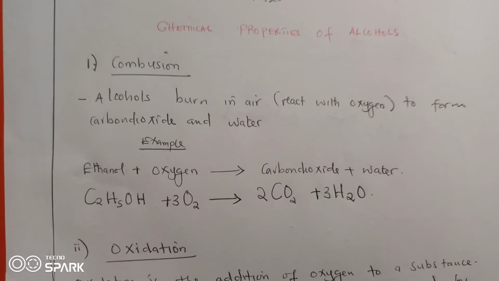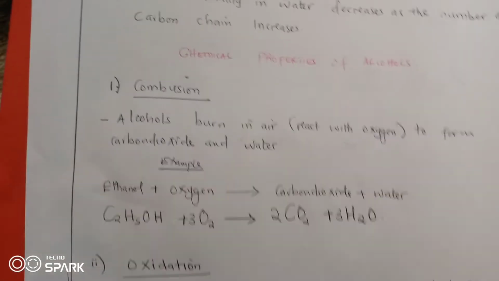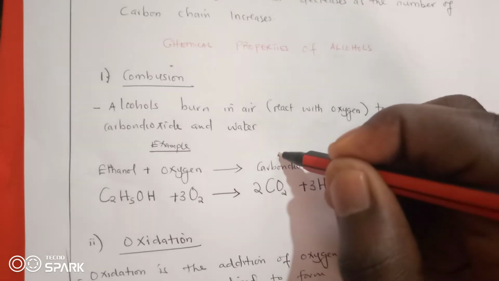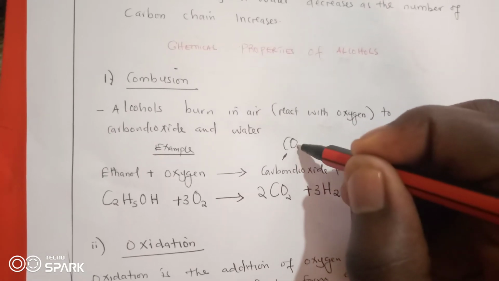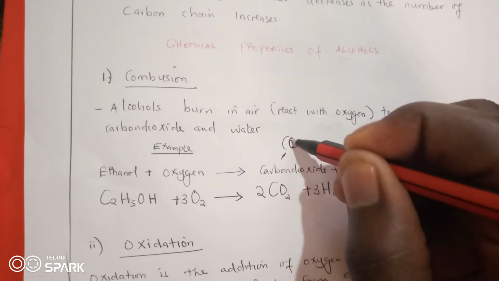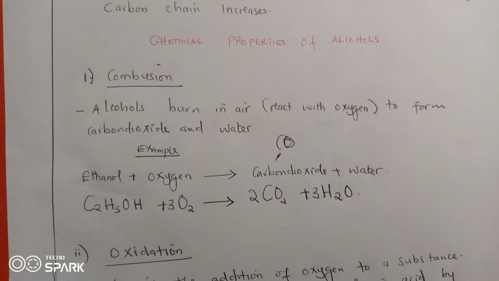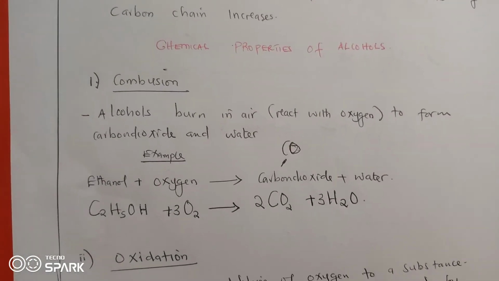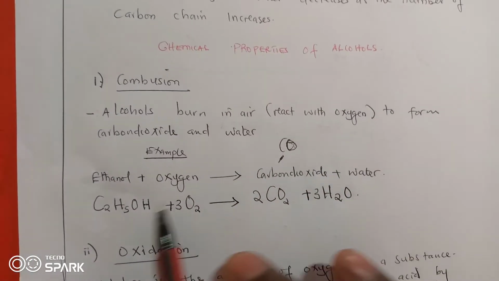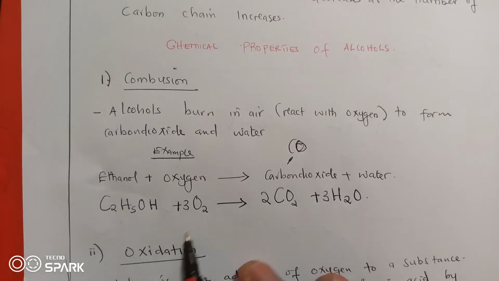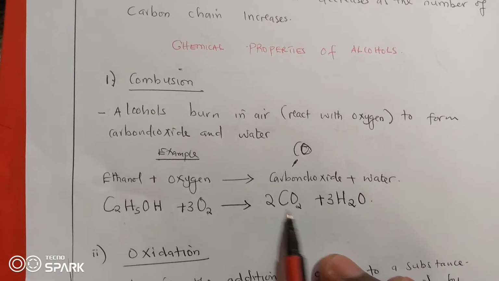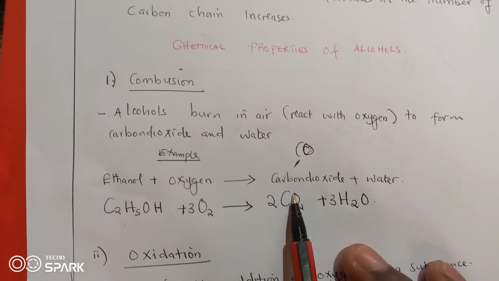But if the air is not enough, what will be produced here is carbon monoxide. Carbon monoxide is just CO, meaning this one is incomplete combustion, it's not complete. And this is what you are seeing here. Ethanol reacting with the oxygen gives carbon dioxide and water, then the equation is balanced.